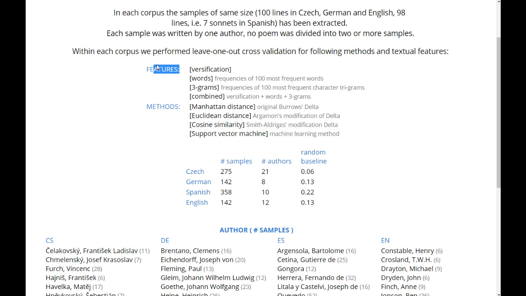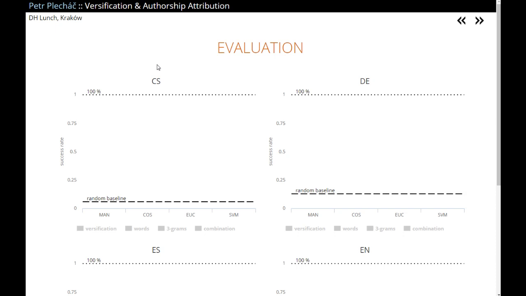We applied it to each corpus, and we tried to process it with all the methods mentioned so far, with Manhattan distance, Euclidean distance, cosine similarity, and support vector machine. And these are the results.